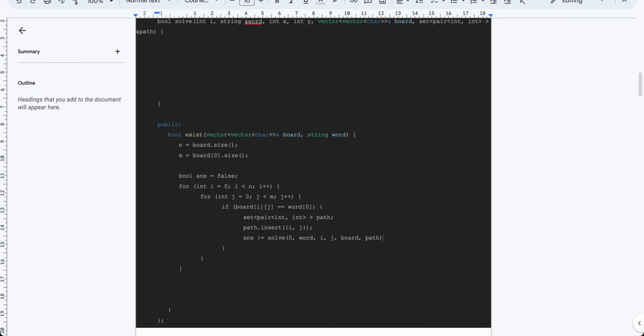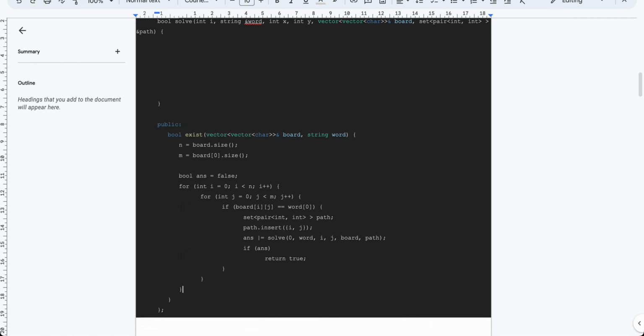Okay, if the answer is true we can return true, otherwise we can return false.